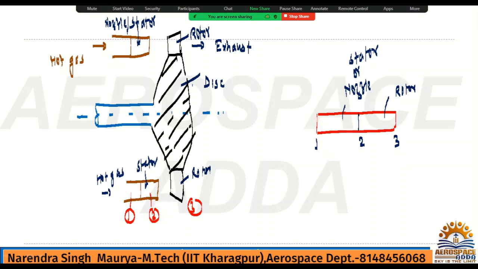Now we'll talk about the velocity triangle, okay. Just like for the compressor we had seen, we'll talk about the velocity triangle. In the velocity triangle, we also have to see what the velocity components are. Anyway, this is one thing. Second thing, the same diagram we can draw with respect to the radius also.